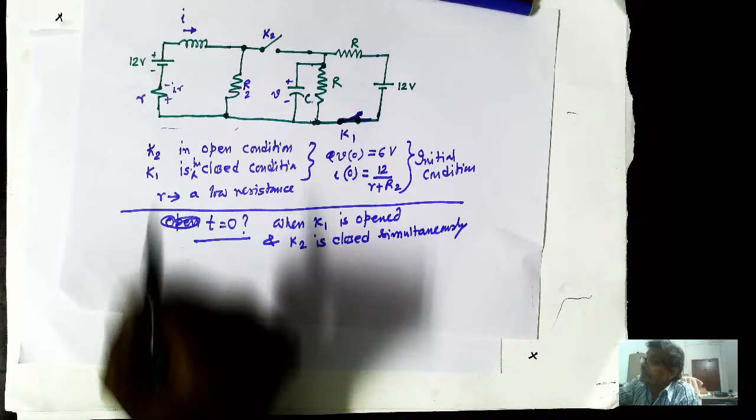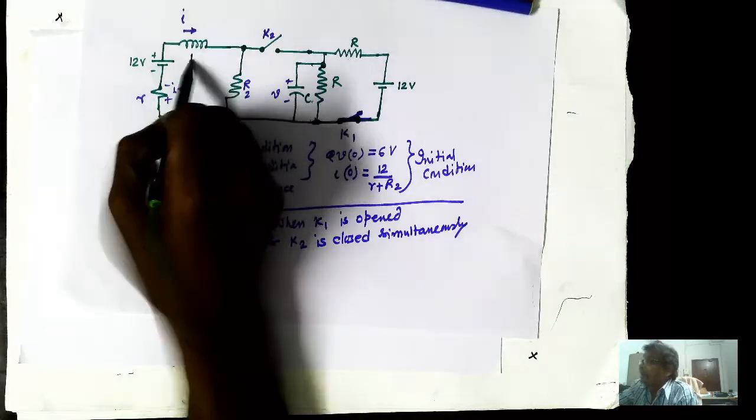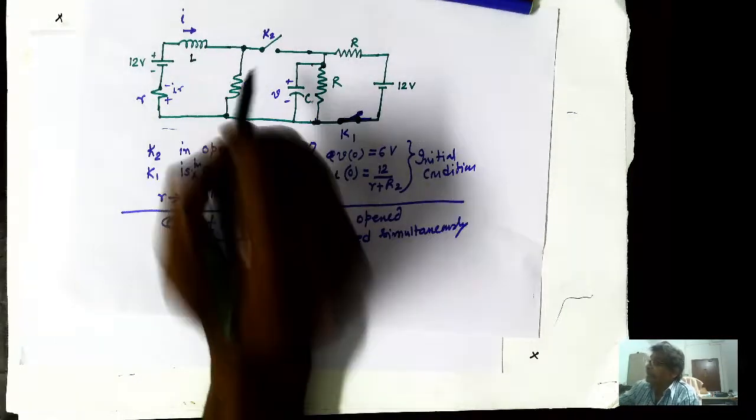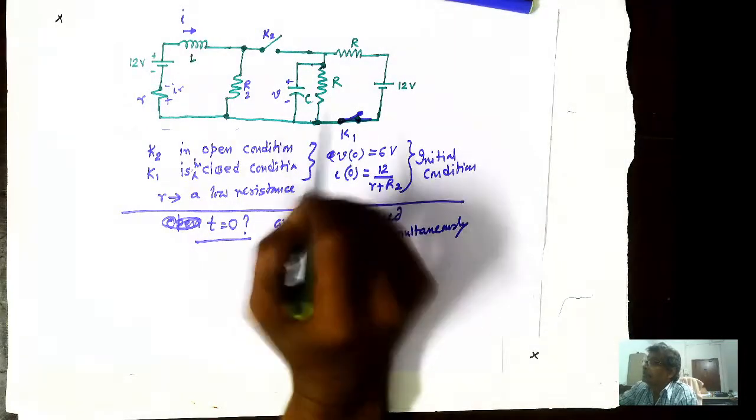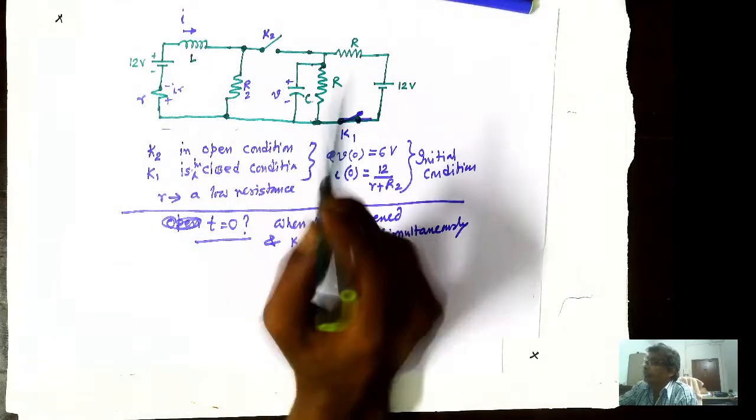Here there is an inductance, and generally first consider the case when K2 is opened and K1 is closed.